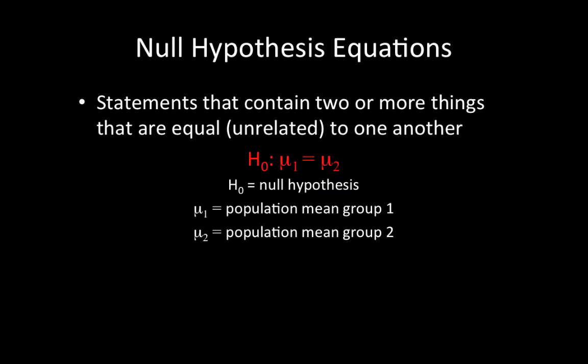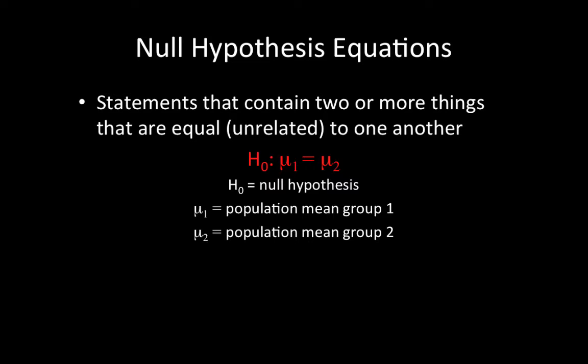So, aside from being able to make statements about a null hypothesis, we can also write equations to help us describe hypotheses. When we're writing out a null hypothesis, we already saw it can be written as H naught or H sub 0.